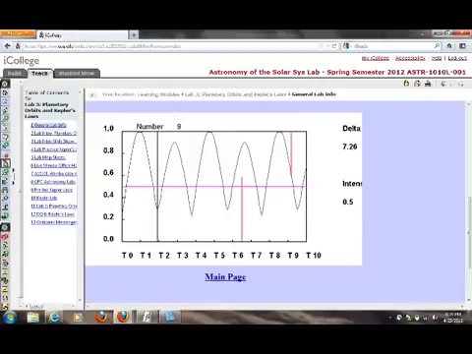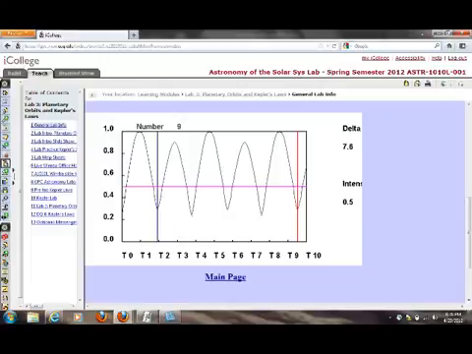So since I'm not sure if what I'm seeing here at the very left, T0, is a minimum or not, I'm going to start with the first minimum where I see the curve dipping down and coming back up.